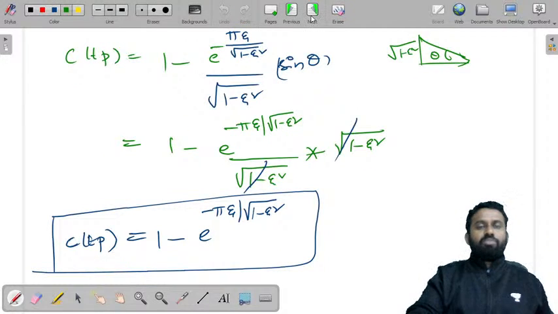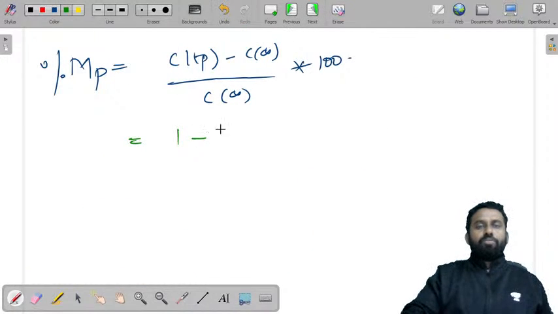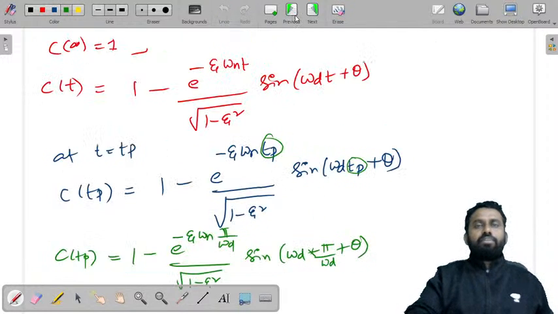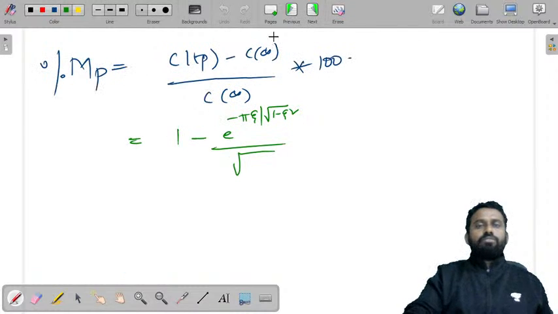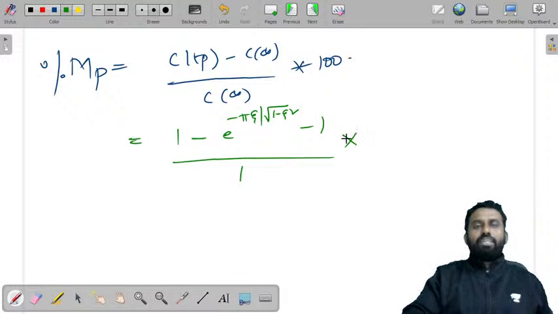What is C of Tp? 1 minus e power minus pi zeta by under root of 1 minus zeta square, minus 1. C of infinity is 1, by 1 into 100.